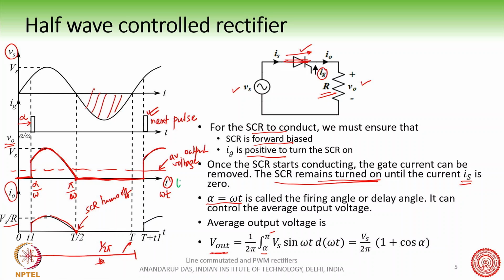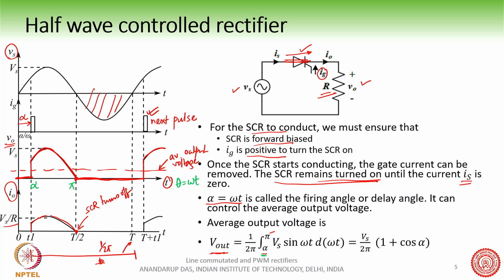If we use theta here, we make theta equal to omega T. Then this angle will become alpha and this angle will become pi, instead of using T.